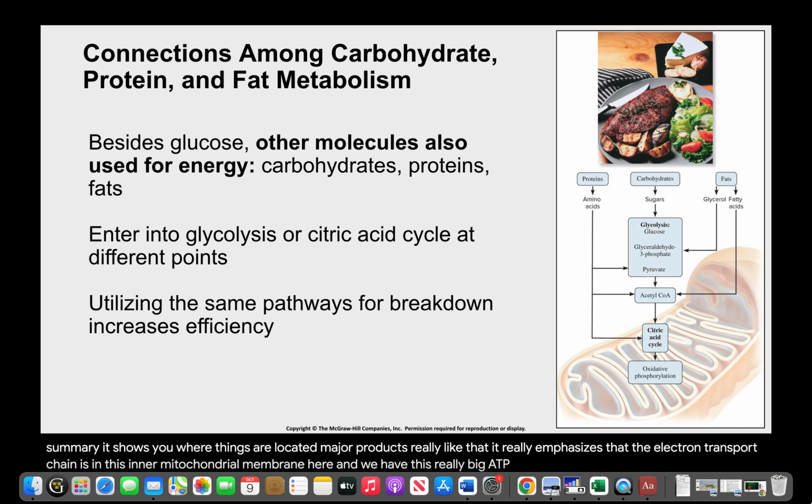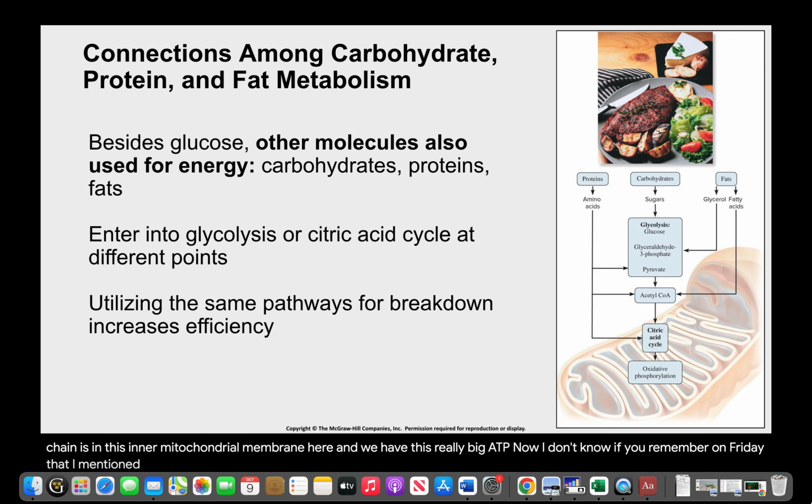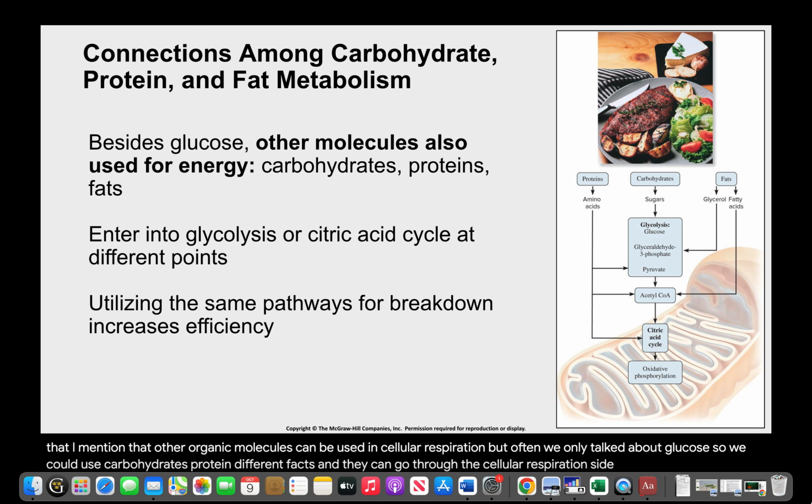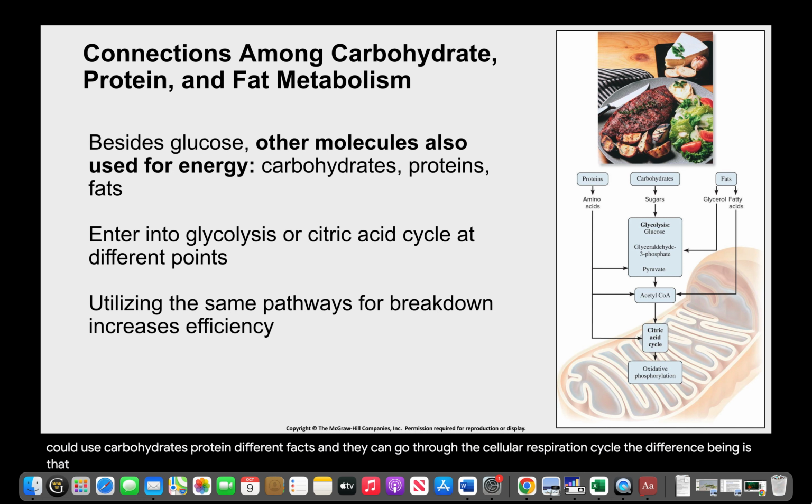Now, I don't know if you remember on Friday that I mentioned that other organic molecules can be used in cellular respiration, but often we only talk about glucose, right? So we could use carbohydrates, proteins, different fats, and they can go through the cellular respiration cycle. The difference is that they're going to enter the cycle at different stages.